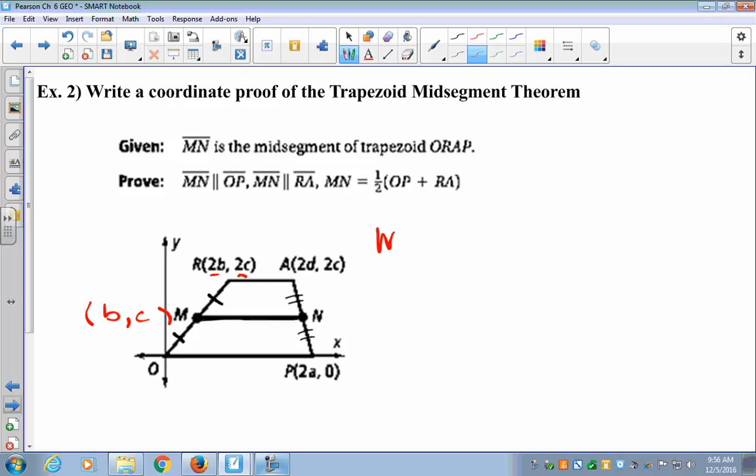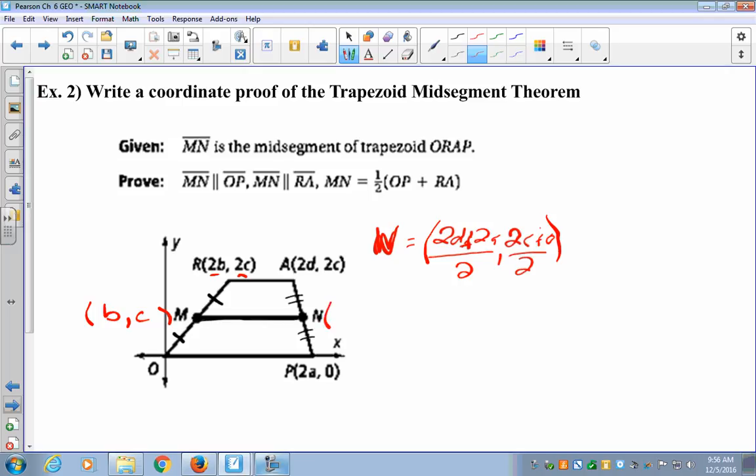So the midpoint between A and P is going to be 2D, I'm writing terrible, sorry, 2D plus 2A, a plus sign, divided by 2, and then 2C plus 0 divided by 2.